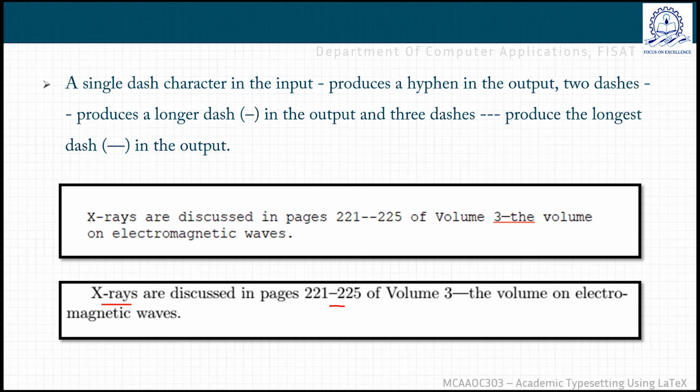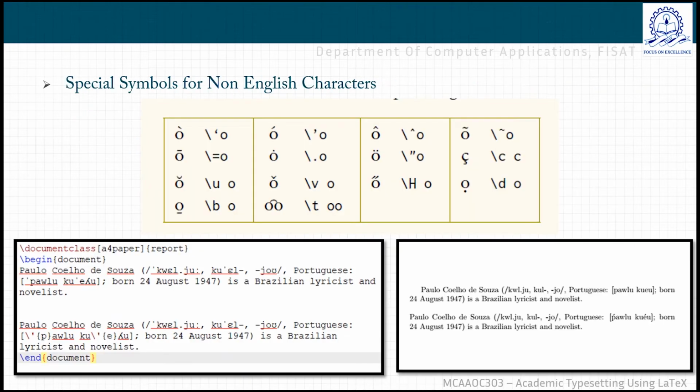So according to the number of dashes you used in the source, this dash can be of different sizes. Coming to accents, sometimes, especially when typing foreign words in English, we need to put different types of accents over the letters.